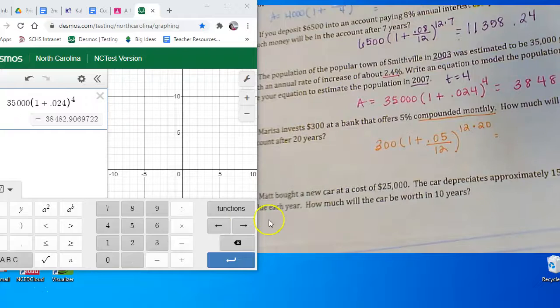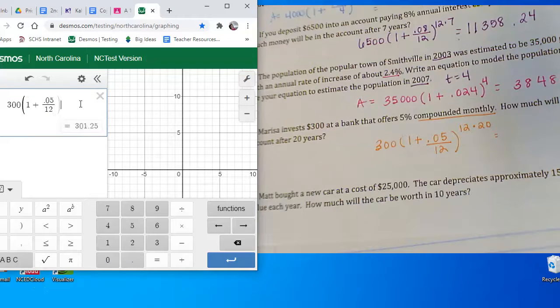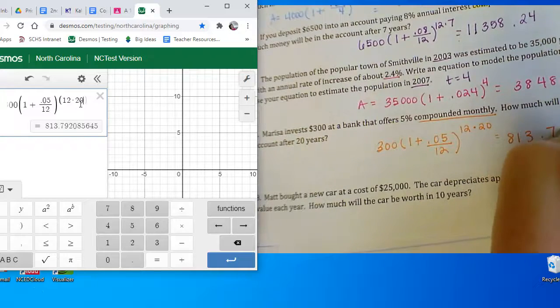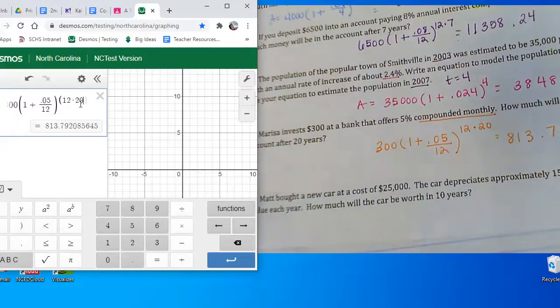And so you just put your information just like that. So 300 times 1 plus 0.05 divided by 12 raised to the 12 times 20, and I'm going to put that in parentheses, unless you want to find out beforehand how much it is. And that gives you 813.92, which after 20 years is not a lot of money, but again, it's still money that you didn't do anything for.